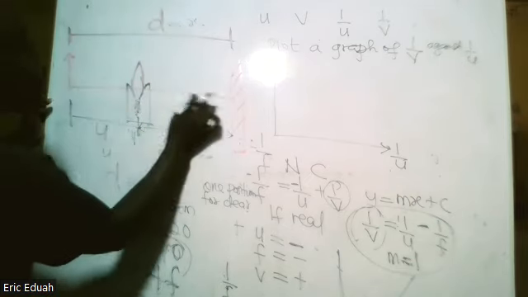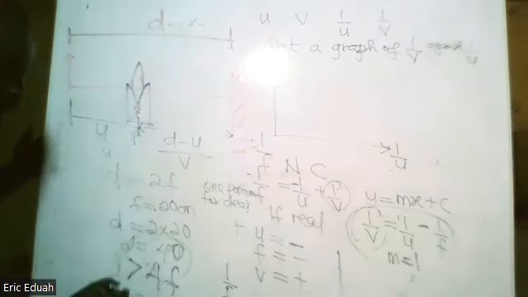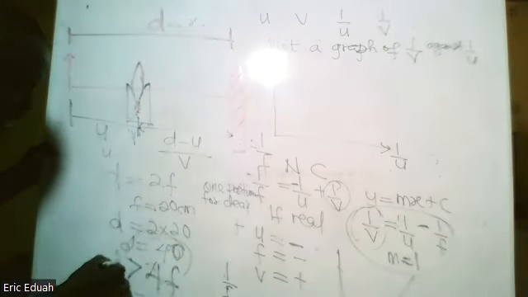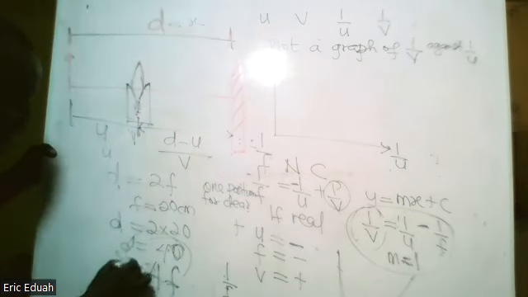When you adjust it and bring it closer to you, you also have another one. But this is on condition that the displacement D must be greater than 4 times F.